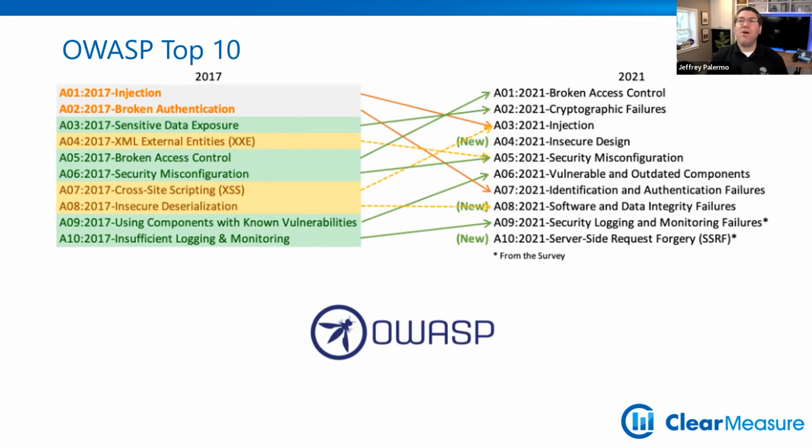And there are 3 new problems in 2021: insecure design, software and data integrity failures, and server-side request forgery. Those are the new ones. And the ones with the dotted lines were kind of eliminated and merged in with some others. But anyway, if you have not studied the OWASP Top 10, there's plenty of good material out there, and I encourage you to do that.